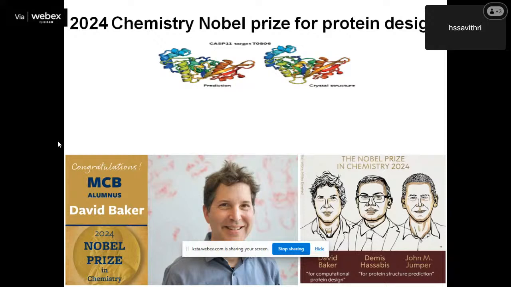The amount spent to make such a molecule would be phenomenally high. And David Baker made it. On the right side is the structure, determined experimentally, of the molecule made by his team. You can see the similarity between the left and right sides.